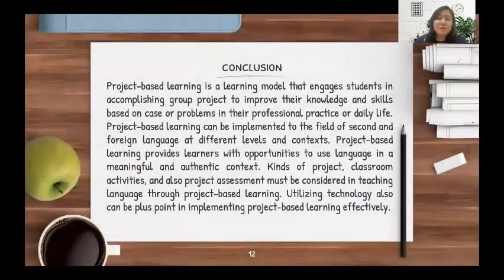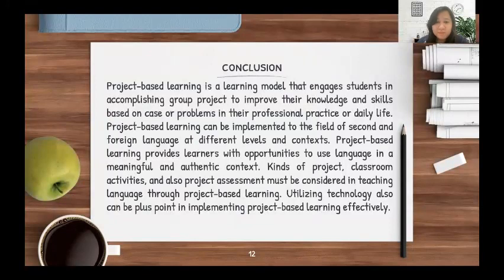In conclusion, we can say that project-based learning is a learning model that engages students in accomplishing group projects to improve their knowledge and skills based on cases or problems in their professional practice or daily life. Project-based learning can be implemented in the field of second and foreign language at different levels and contexts.